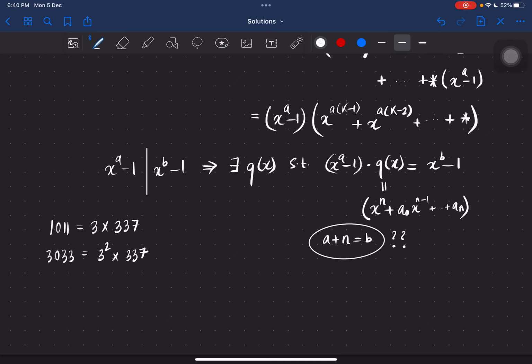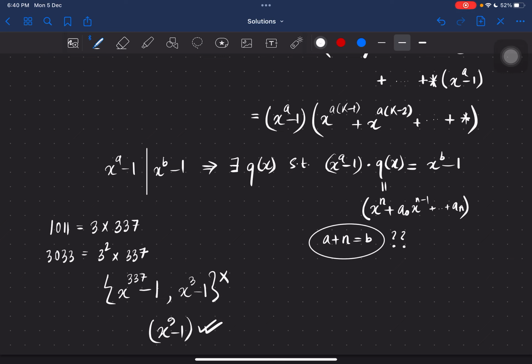If I take 337 as the polynomial's exponent, then it will divide x^1011 - 1, but that I don't want. I also can't take x^3 - 1, because these two divide x^1011 - 1. So the only option is x^9 - 1. This polynomial works, so I can take this.